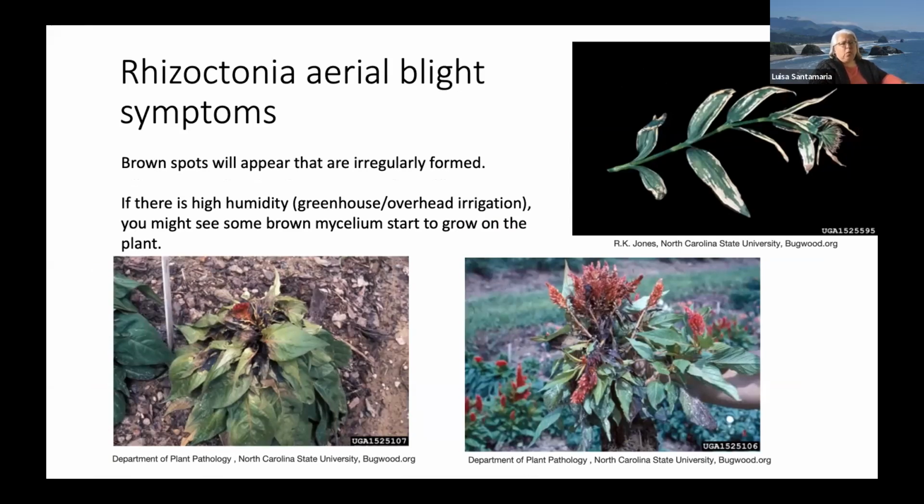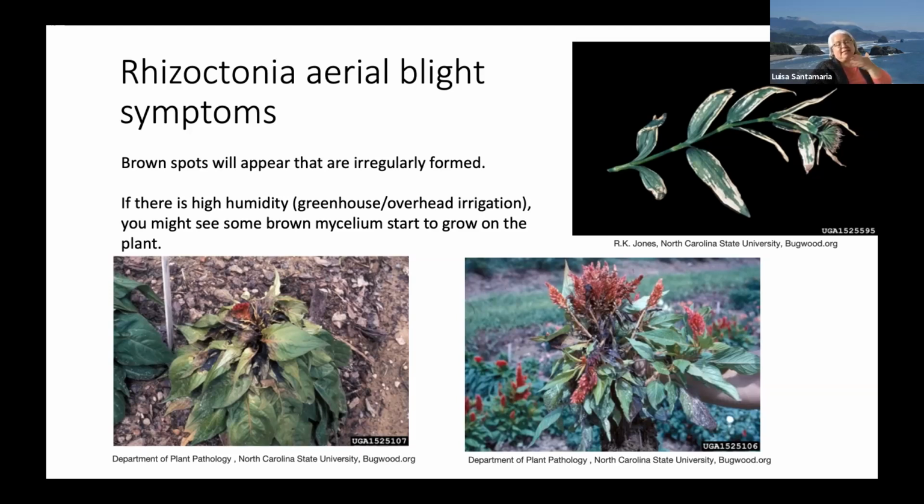One of the things to differentiate is the growth of some mycelium, but I think it will be kind of a challenge to see that. But since in the greenhouse we use good substrates, we try to use the best quality substrates.